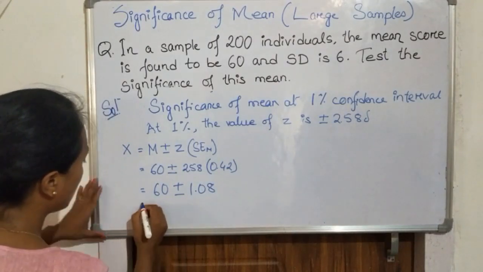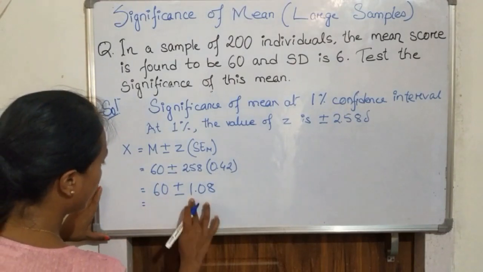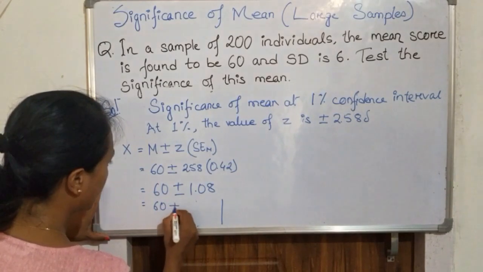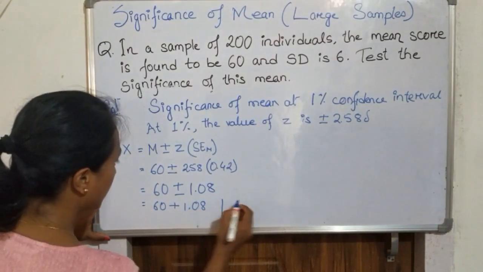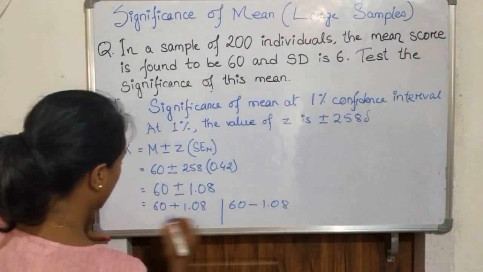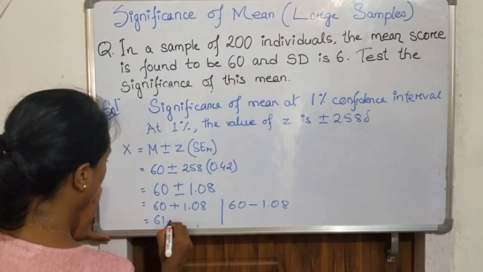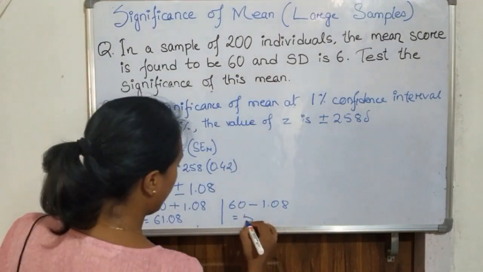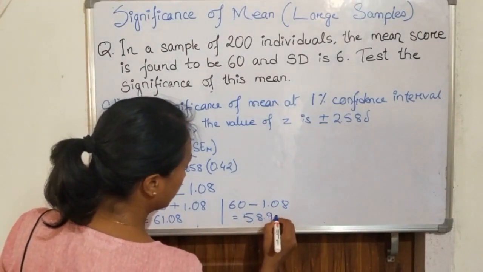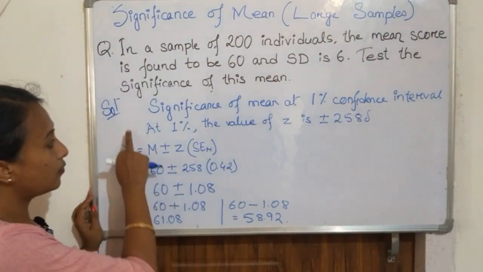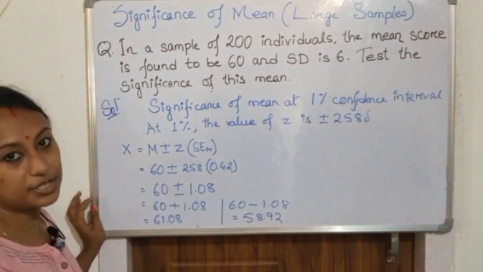Let us break it again: 60 plus 1.08 and 60 minus 1.08. This becomes 61.08 and this becomes 58.92. These are again two limits at the 1% confidence interval.